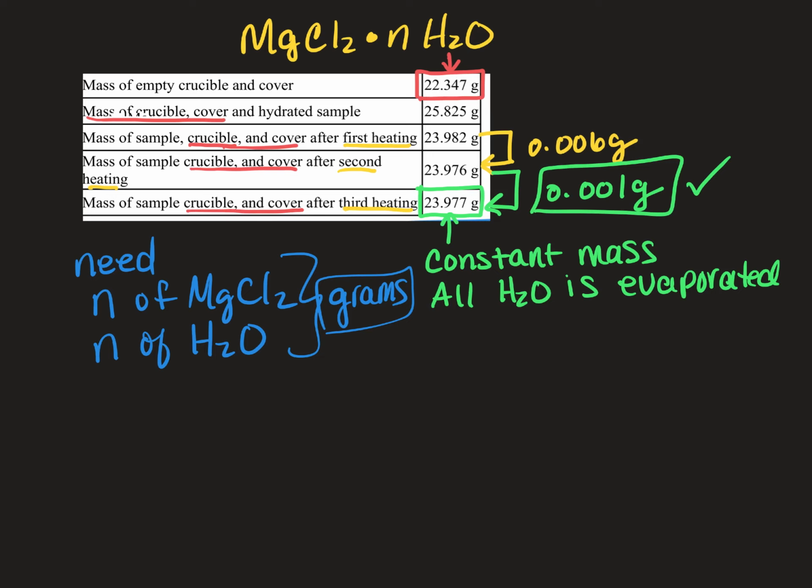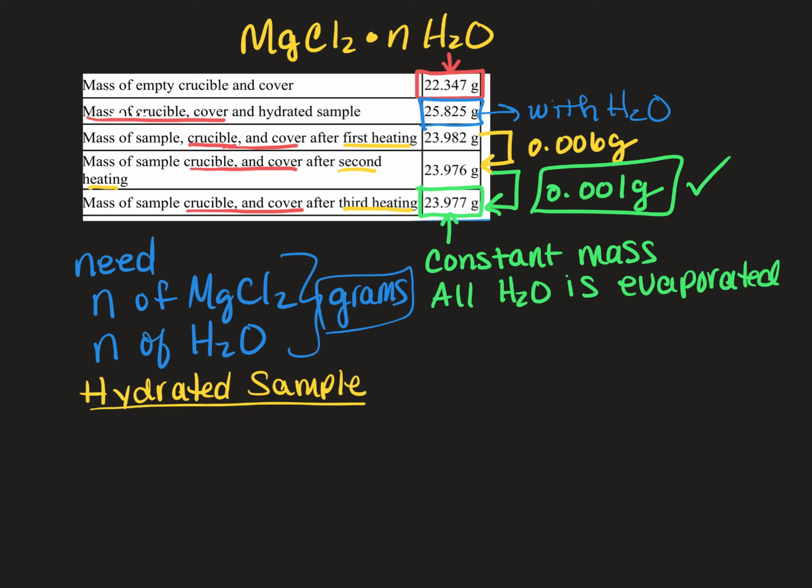So if we look at the first one, we have the mass of the crucible and the cover. And then the second part is the mass of the crucible and cover and the hydrated sample. So we're going to look at the hydrated sample first. So the hydrated sample is going to be the mass that we're going to get from here, because this one has to be with water.